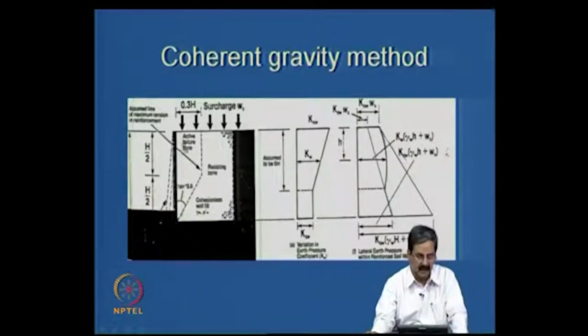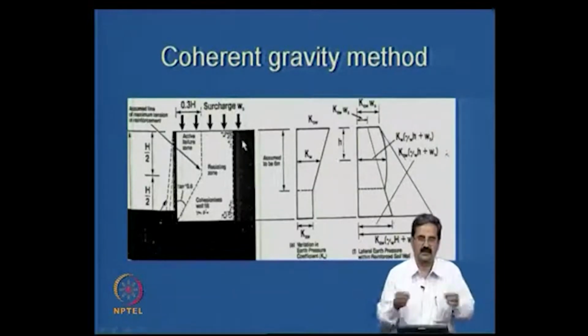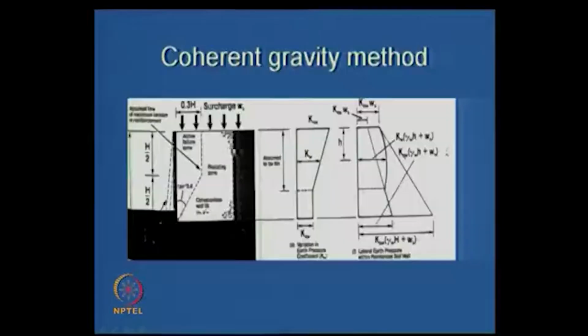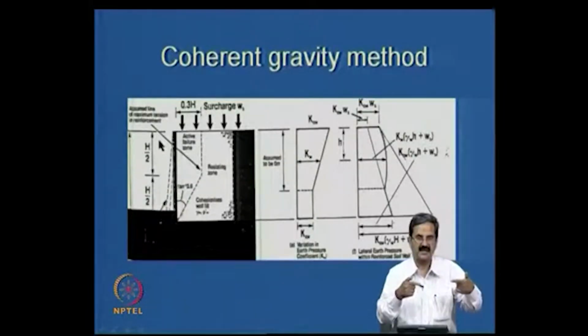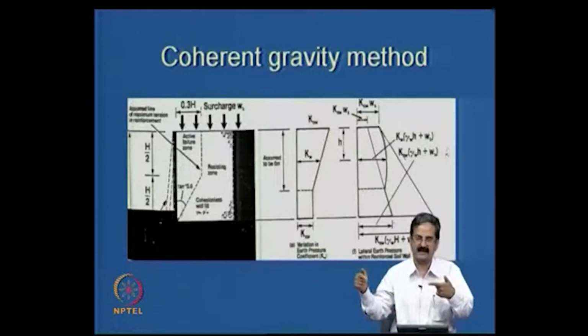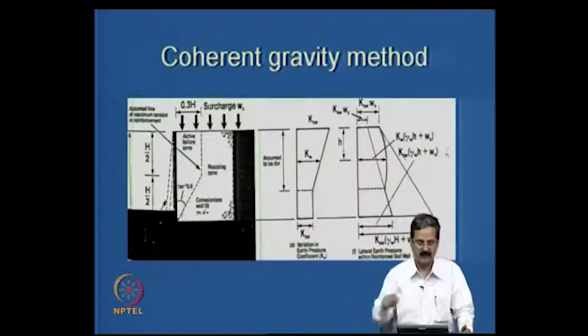They have measured the earth pressures, and even measured the strains. You can measure the strain along the entire length of the reinforcement, and in this zone, if this is the lateral force acting, the tensile strain direction will be in the opposite direction. The strain measurements will be like this, and beyond the failure point, they try to hold it. The direction of strains would be different on both sides.